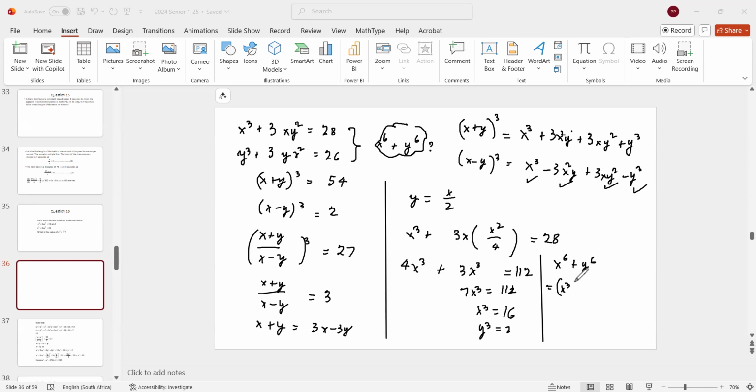This is x cubed all squared. And this is y cubed all squared. We had that is 16 squared, which is 256. And y cubed squared is 2 squared, which is 4. So the answer to our question, according to my calculations, is 260.